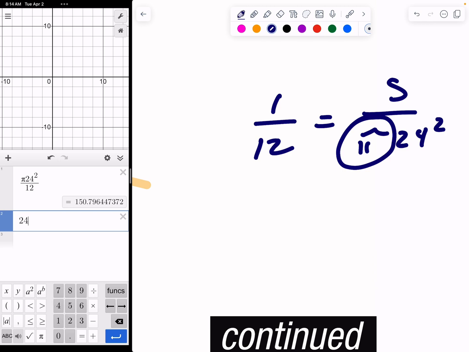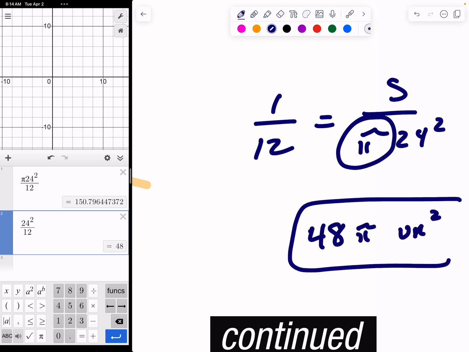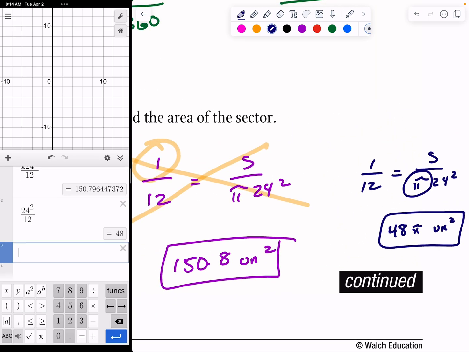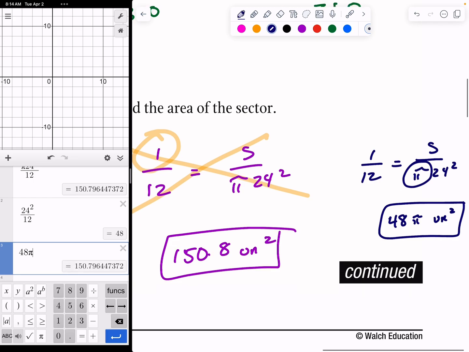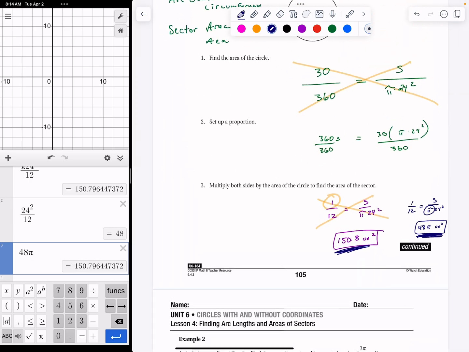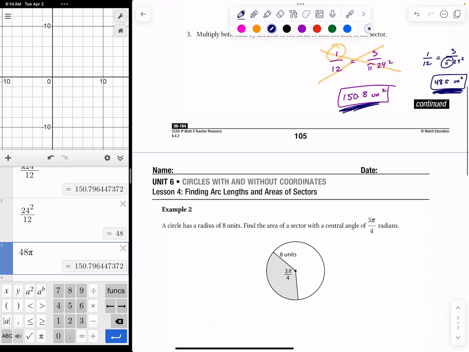So 24 squared divided by 12 is 48 pi units squared. If you hit 48 pi, you'll get that same answer. This one is in terms of pi, and the other is rounded, a decimal. It just depends on what the question asks for.